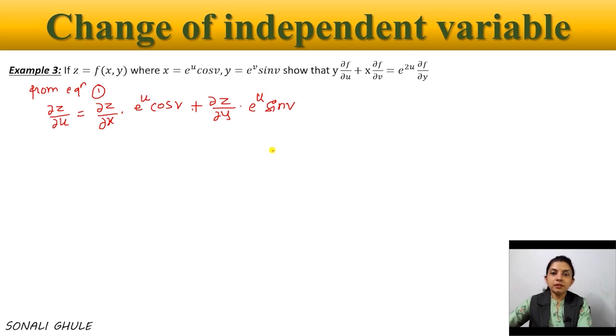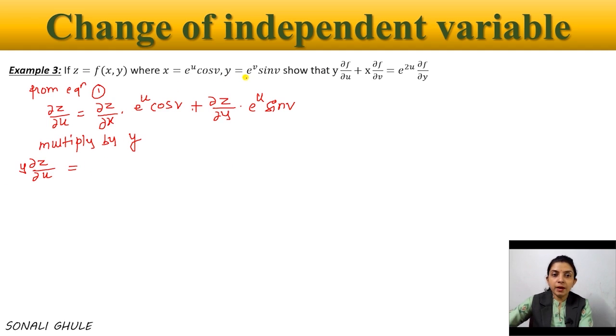But your z with respect to u, meaning f with respect to u, is multiplied by y. So I have to multiply by y. What do I get? y into dou z by dou u is equal to y.